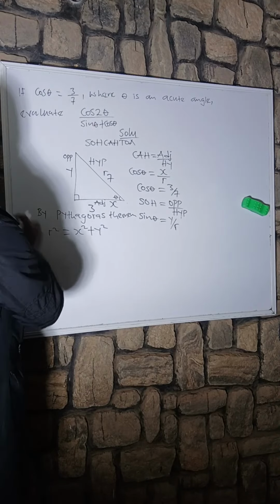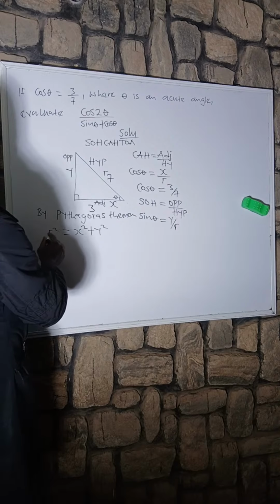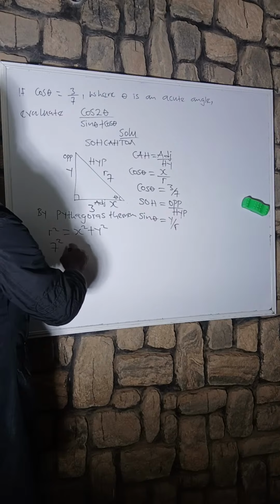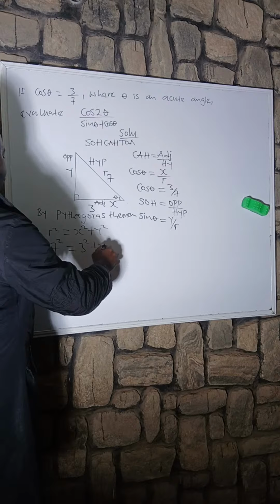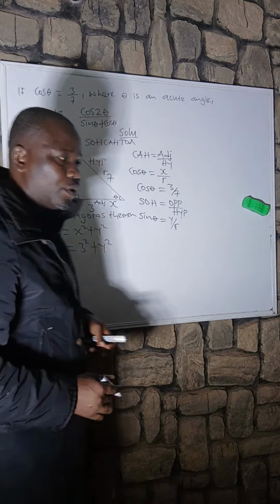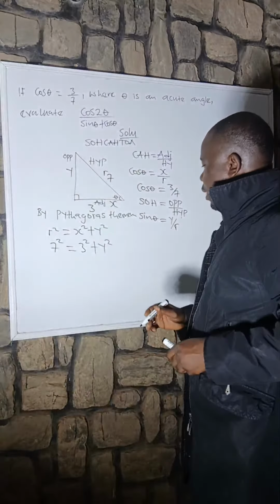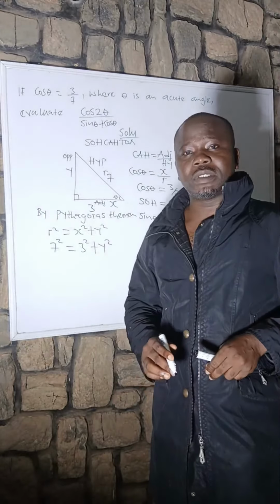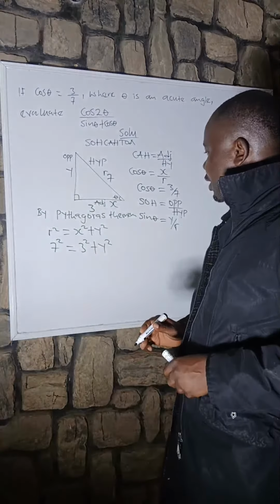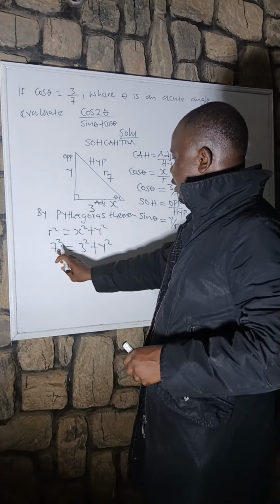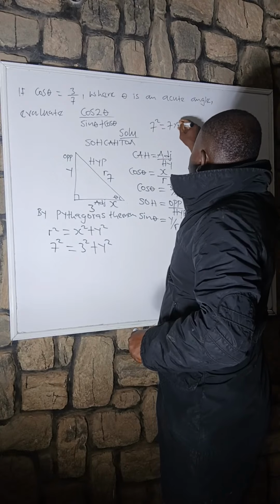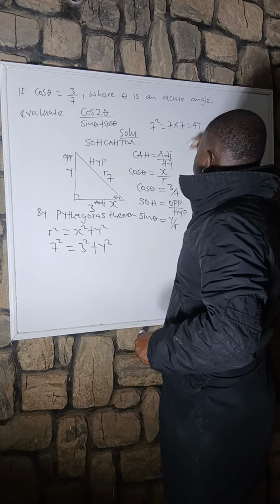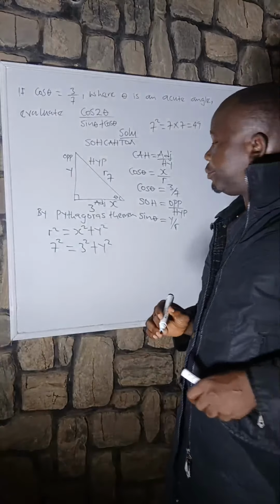Then r has been given as 7. So 7 squared equals x, which is 3 squared, plus y squared, but y is unknown. 7 squared is the same thing as 7 times 7, which is 49.